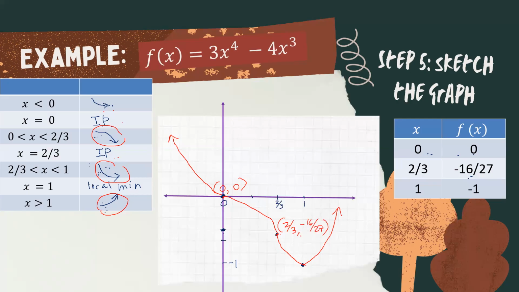Tapos, if we are asked to find the local minimum value of the function, what is the local minimum value of the function? The answer will not be x equals 1. Ito yung x, pero ang value ng function corresponding to x equals 1 is negative 1.